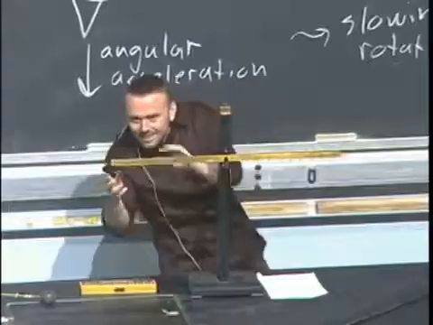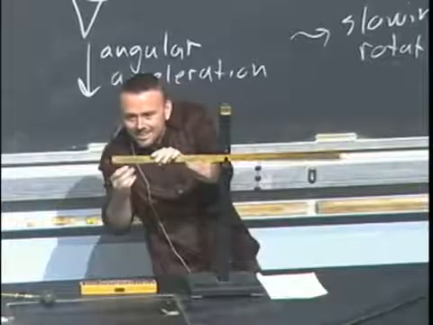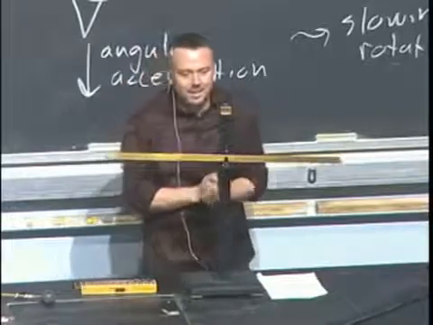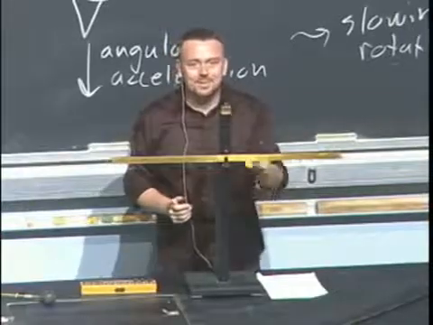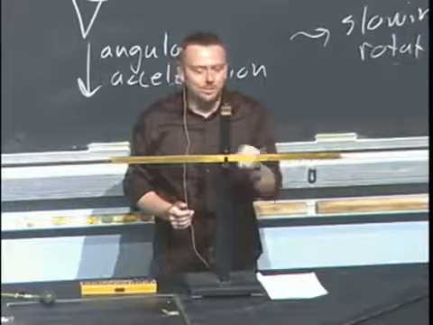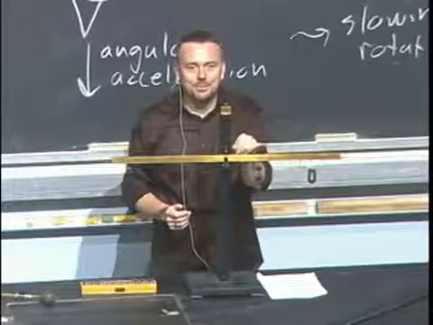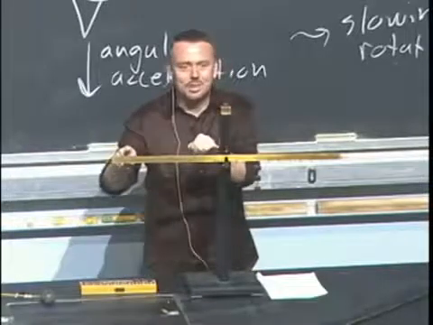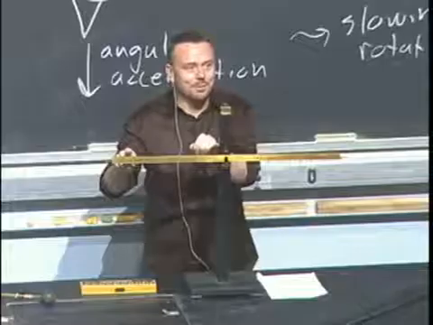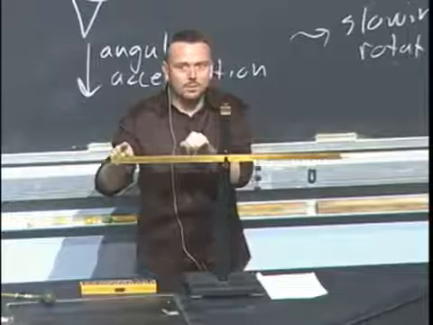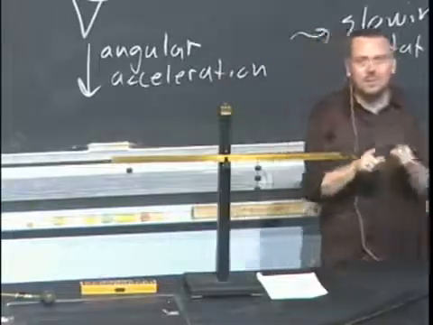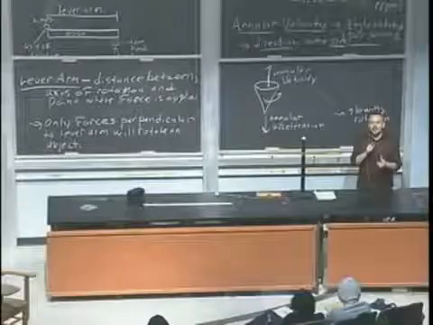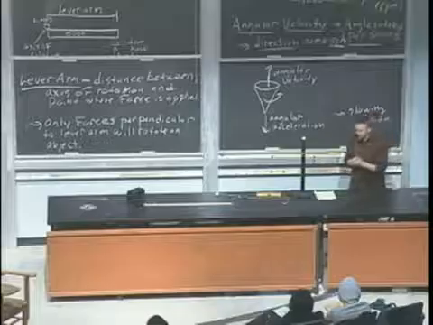So here we've got 3 times the force, three of these weights, but a third of the lever arm, balanced against a lever arm that's 3 times as long, but a third of the force. So torque is a direct product of the lever arm and the force that is acting on it.